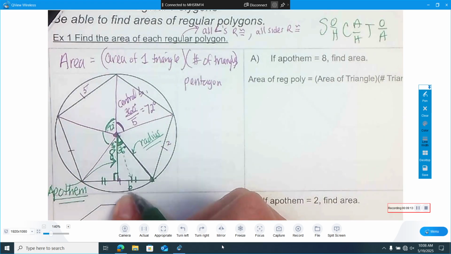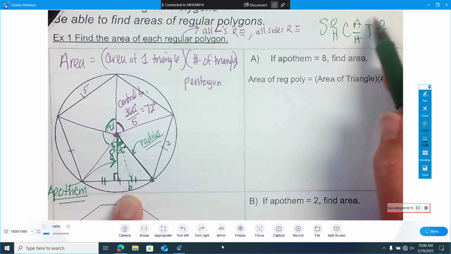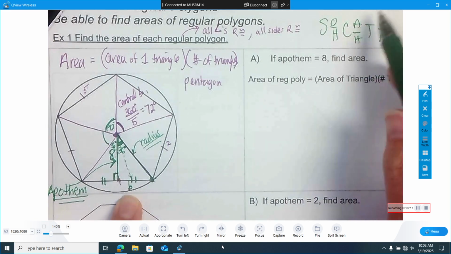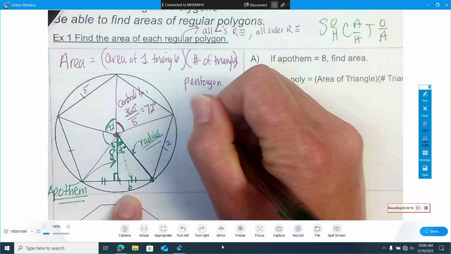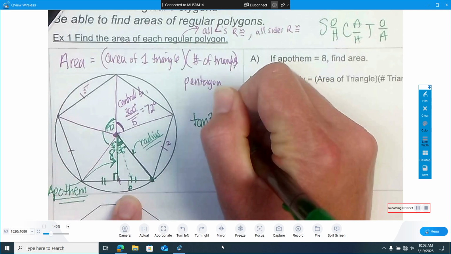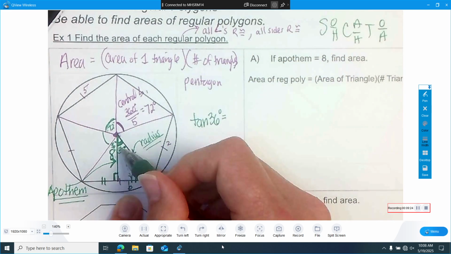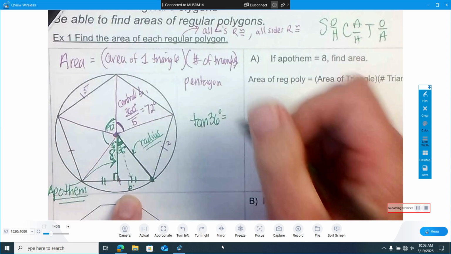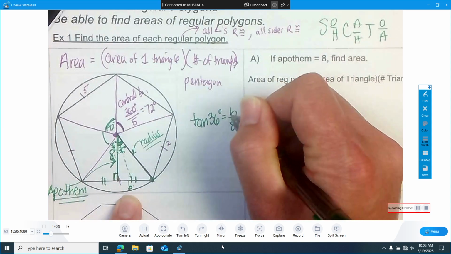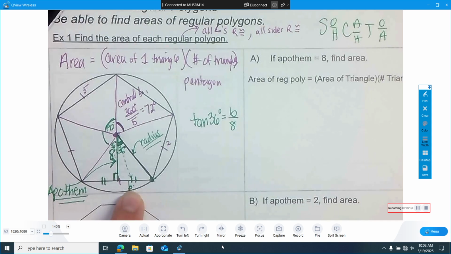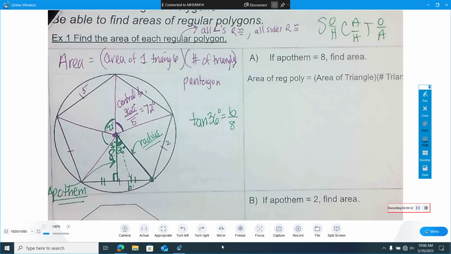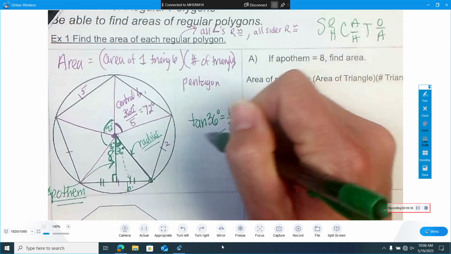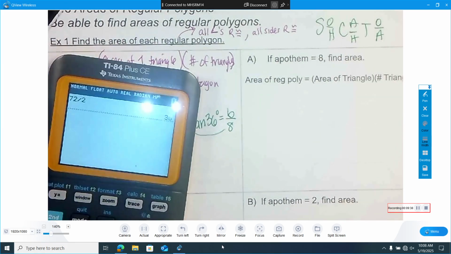So we have the opposite and adjacent, which means we're going to set up a tangent equation here. The tangent of my 36-degree angle is opposite over adjacent. That's going to be B over 8. How do I get B by itself? Times by 8. We're going to multiply that 8 over to the other side.